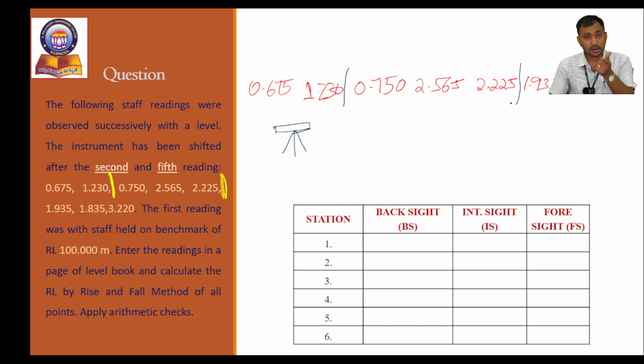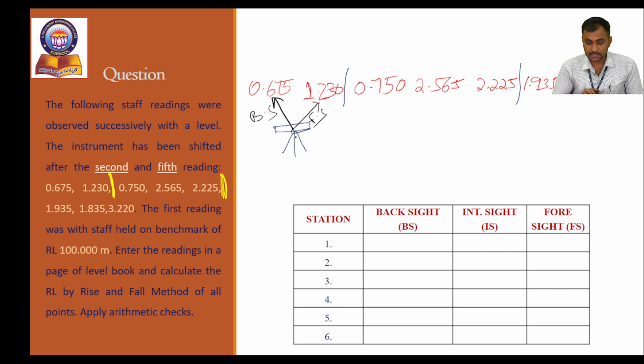Now where do I have to place each value, in backsight, foresight, or intermediate sight? See, from the instrument, if I check the value 0.675, that is the backsight value. Now I focus on the next point, that is the foresight value.